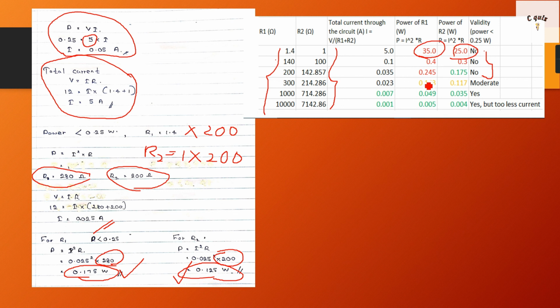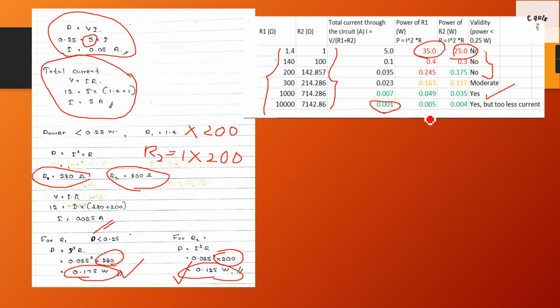So we can't use these resistors for too long, because we know resistors get heated and then they will be destroyed. So this is the best value for the resistors. Here we can use this one, but the current is very small.